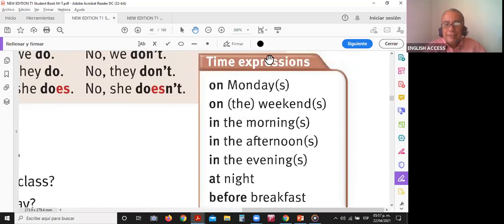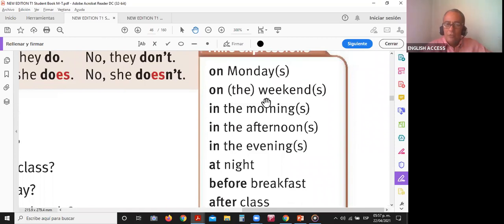So these are general time expressions. We don't say the hour, we just say the general time expressions. In the morning, what time? For example, when you have an appointment to see a friend maybe in La Plaza, Galerías or something.